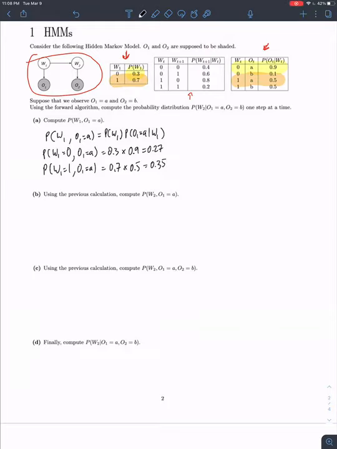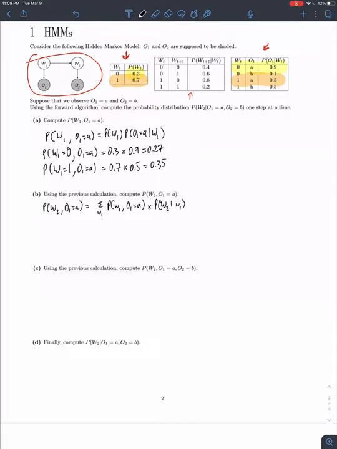So probability of W2 and O1 equals A. Well, we can kind of expand that out, right? That's sum over values of W1, probability of little W1 and O1 equals A times probability of big W2 given W1.